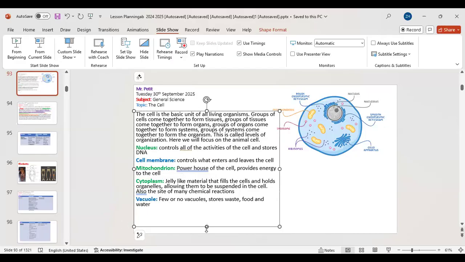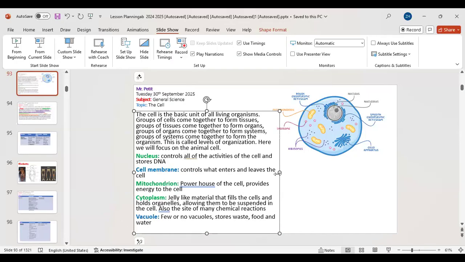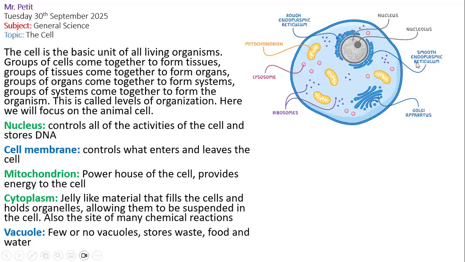Is that all? I don't think you need to know the definitions for smooth endoplasmic reticulum and Golgi apparatus. It depends; sometimes teachers might say it.